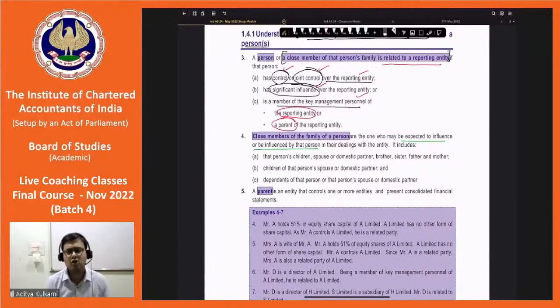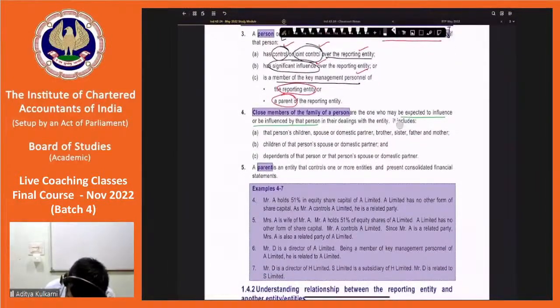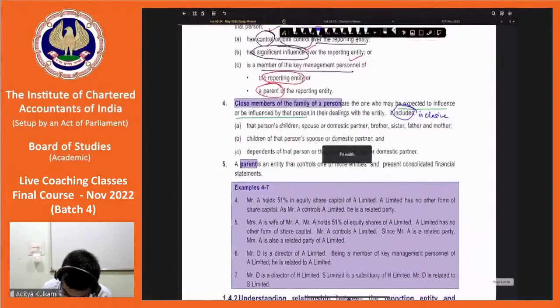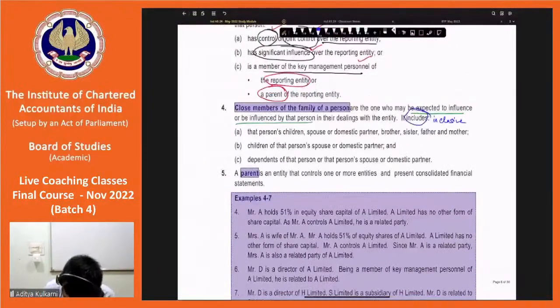So who is a close family member for a person? Who is that? It includes, so this is an inclusive definition. Okay. So it includes that person's children. So if I talk about Mukesh Ambani, it will include Mukesh Ambani, his spouse, that is Neeta Ambani.